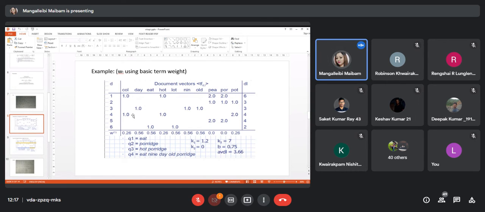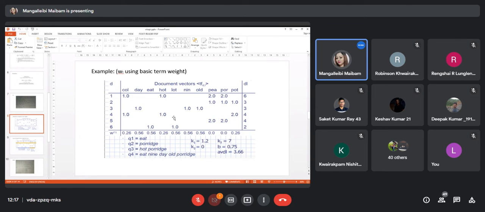You have to keep this in mind and not get confused with the first calculation. In our first calculation, we just used the binary incidence matrix, whereas in this BM25 model, we use the frequency table.